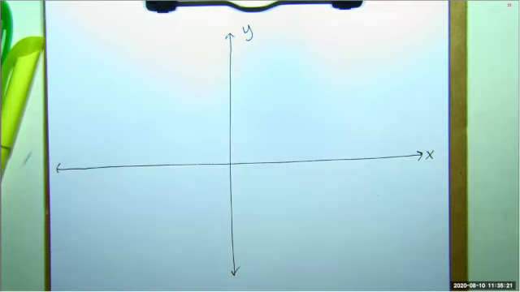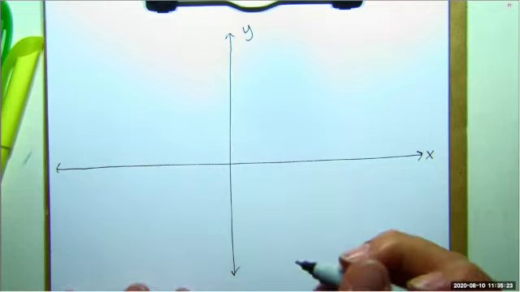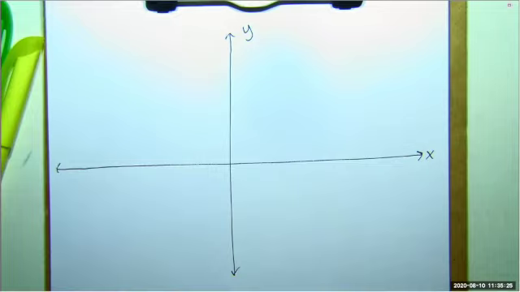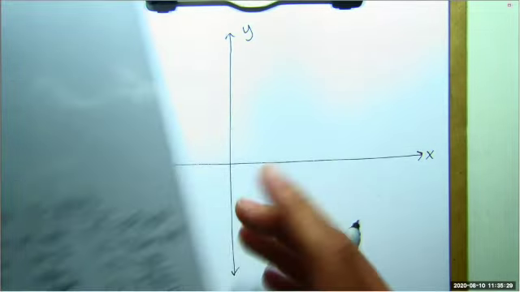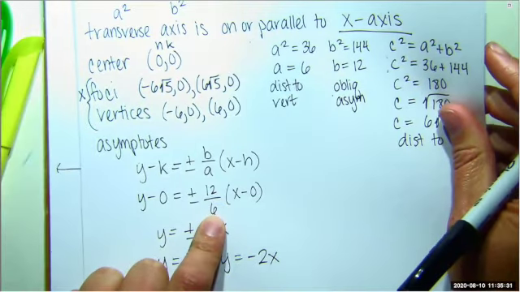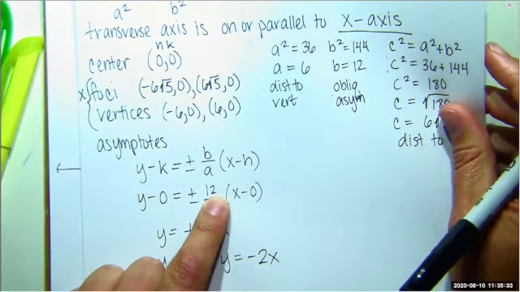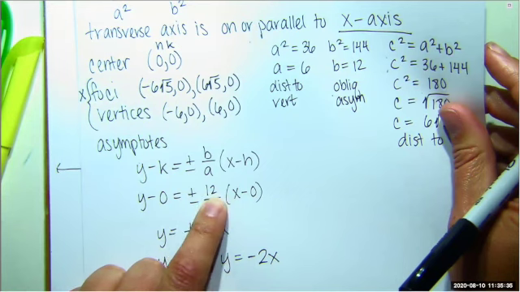All right. I am going to label what we know. To figure out how much I need to put on here, I need my rise over run to be 12 over 6. So on the y-coordinates, I need to get up to positive 12 and down to negative 12.